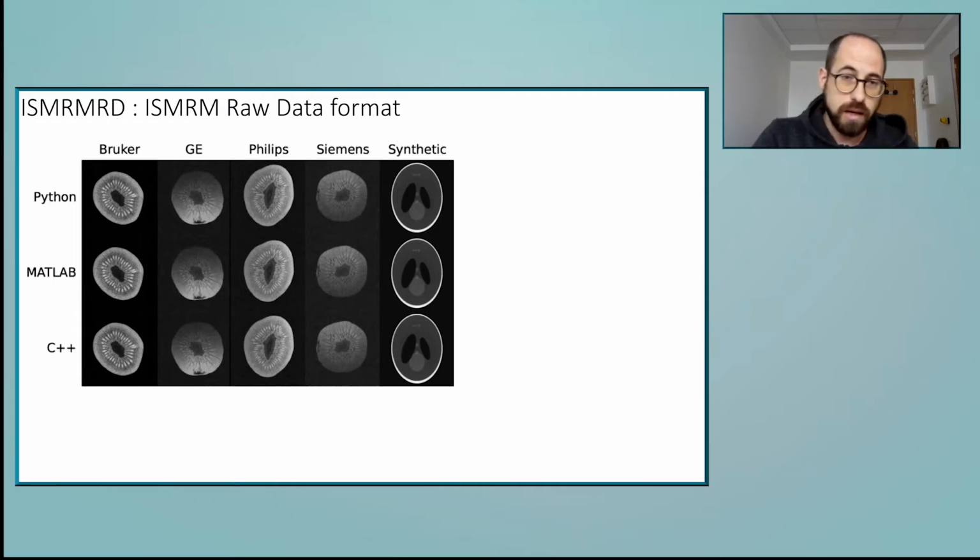And the idea behind it was, in the initial publication, if you scan a kiwi from different MRIs, you can apply the exact same reconstruction code, whatever the language you use. So it was designed at first in MATLAB, Python, and C++, and you have a piece of code that can convert the raw data of each vendor to the common k-space raw data format.